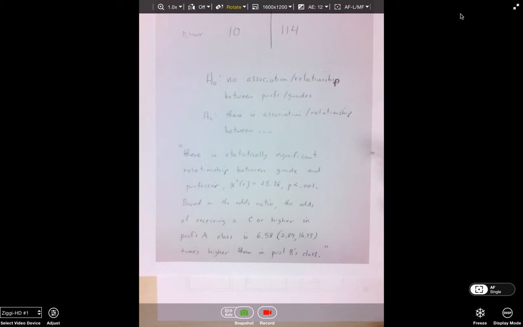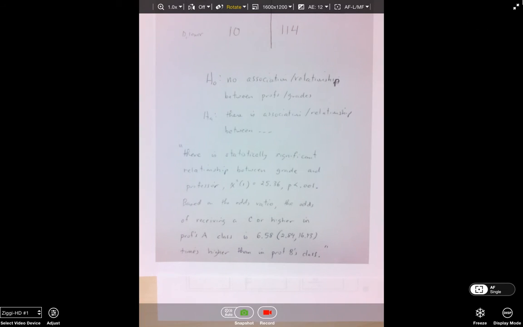I said there's a statistically significant relationship between grade and professor. Actually, it should be success and professor. I think I reported the chi-square statistic here, and not the Yates. So I would report the Yates correction. But our p-value was less than 0.001. I don't think that's right, is it?